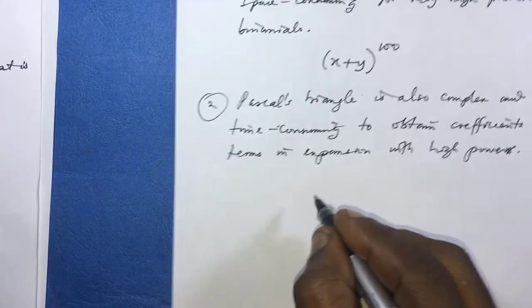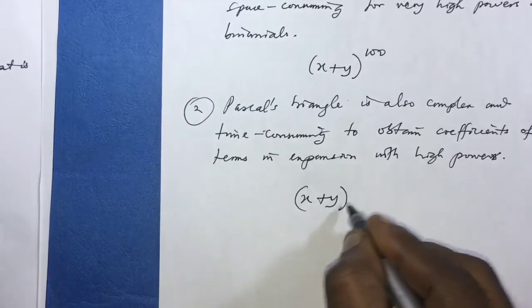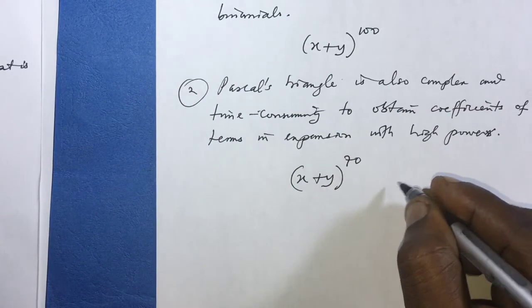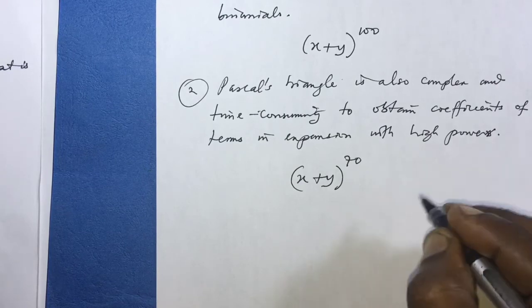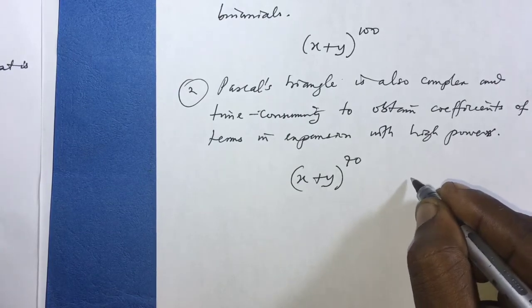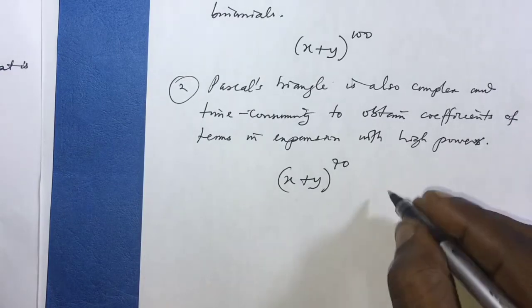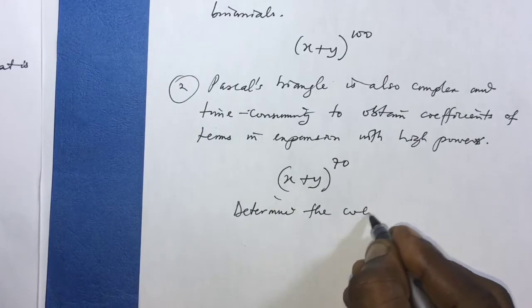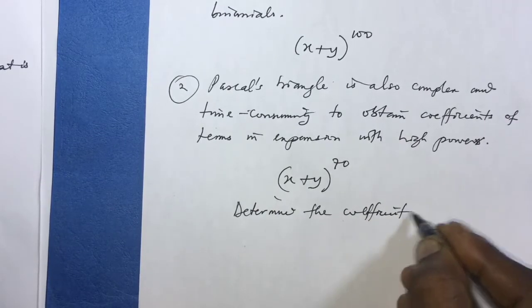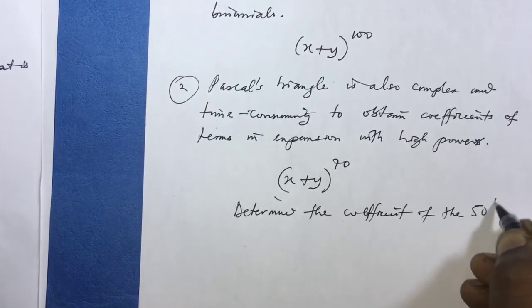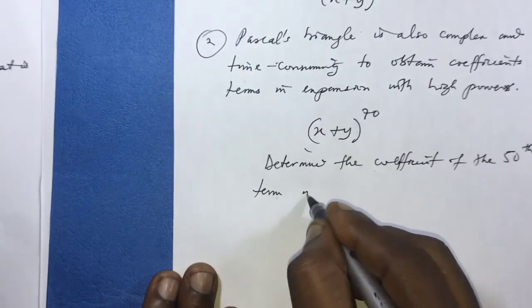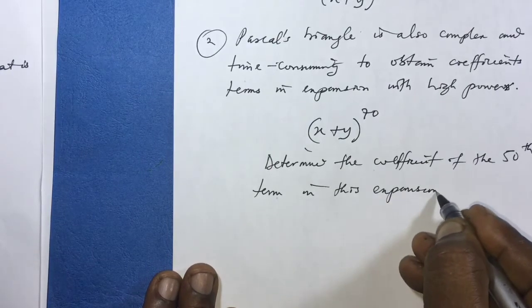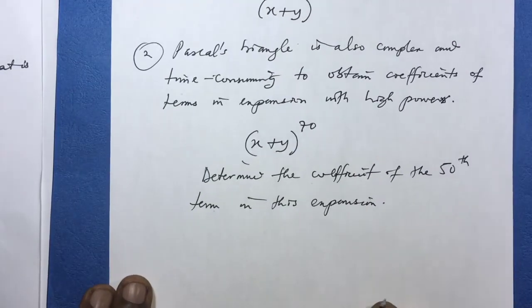So if I had a problem like this given to you, x plus y raised to power 70, and I required that you determine the coefficient of the 50th term in this expansion, it will be a very big problem using Pascal's triangle.